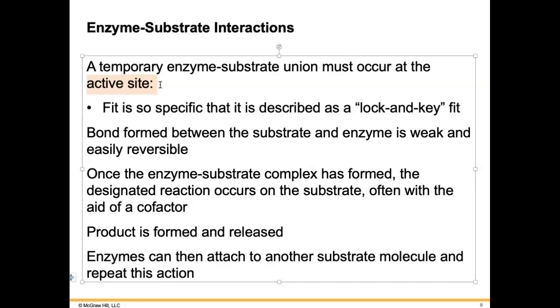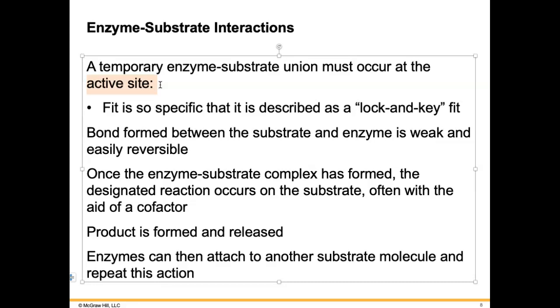The bond that's formed is really weak, very easily reversible, as far as the bond between the substrate and the enzyme. Mentally, I think of it as it touches, does its thing, and then lets go. Chemistry is not my strong suit when you start talking about certain bonds.